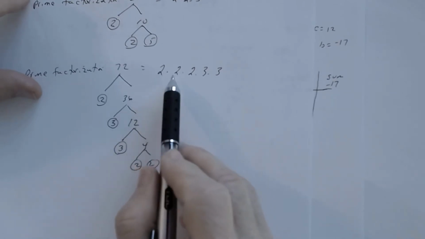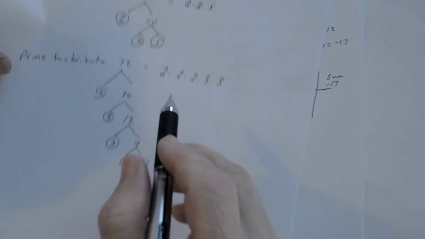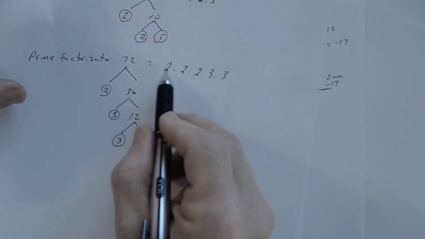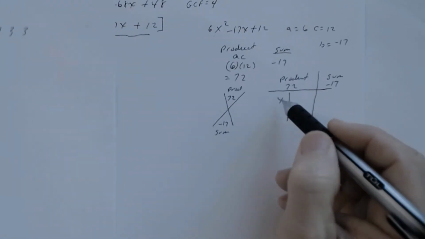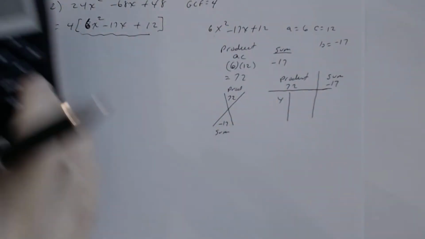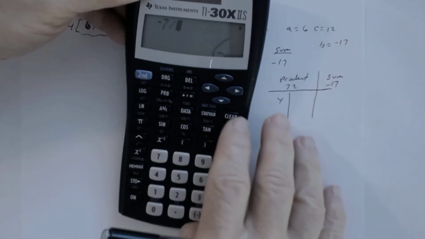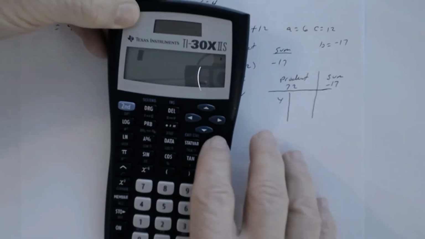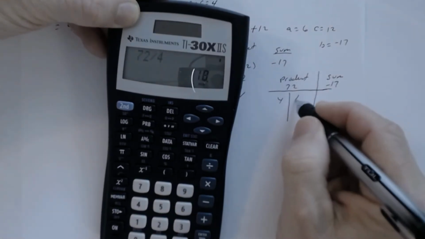What you're going to do is take 2 at a time, multiply them, and put that here. So for example, let's say 2 times 2. 2 times 2 is 4. That means that 4 will go into 72. So let's see what it is. 72 divided by 4 is 18.